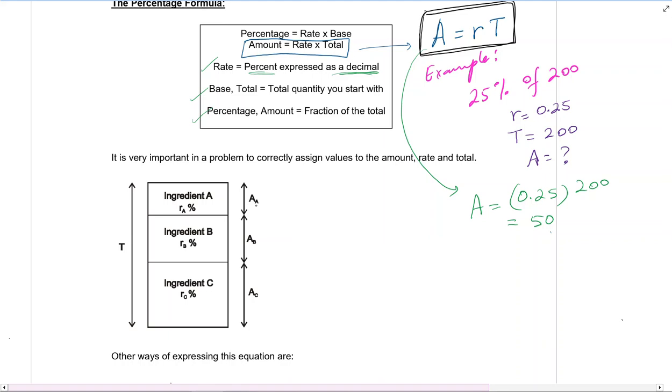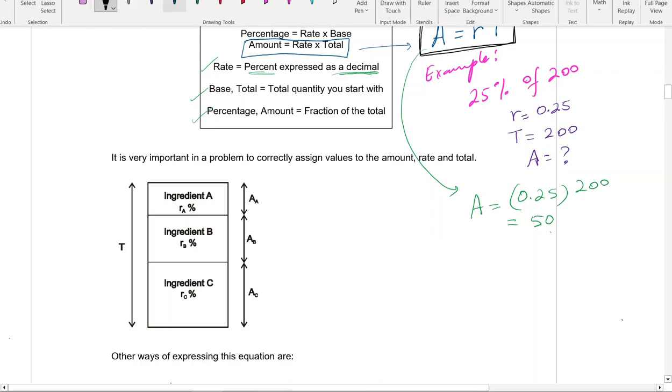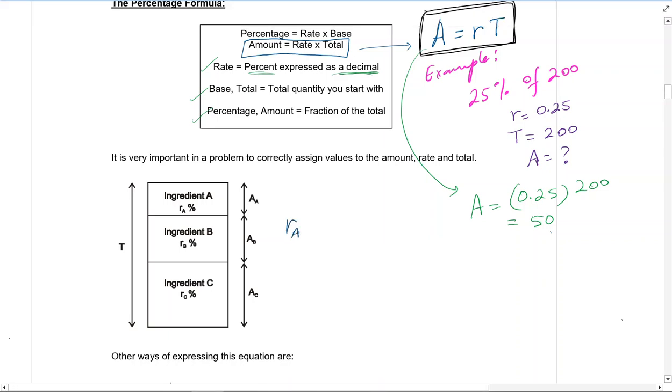So RA here will stand for rate of part A, RB will be rate of part B, RC will be rate of part C, and similarly AA will be amount of part A, and so on.